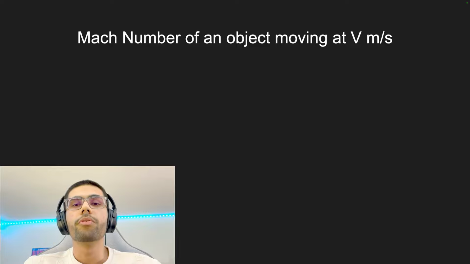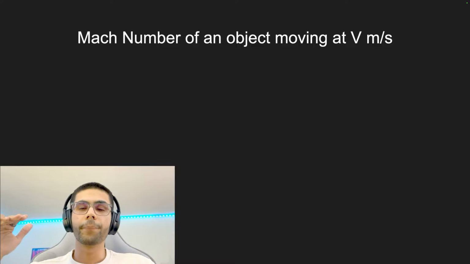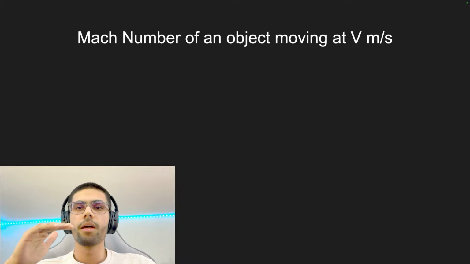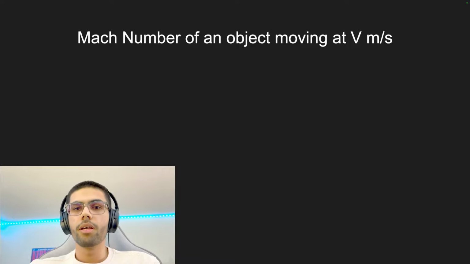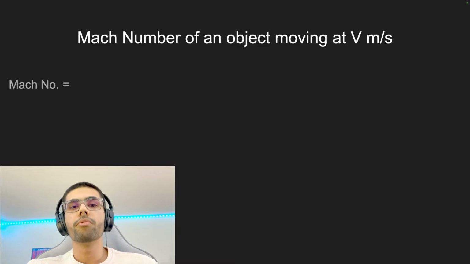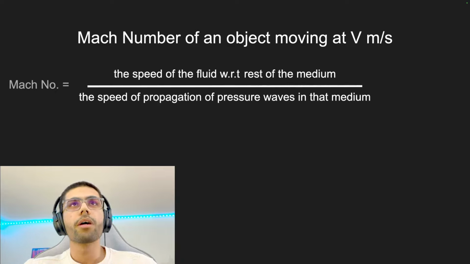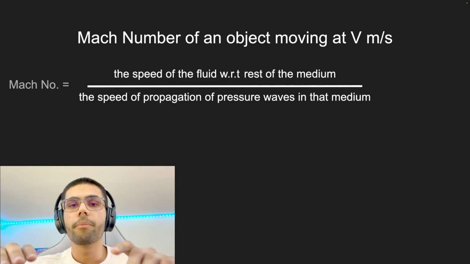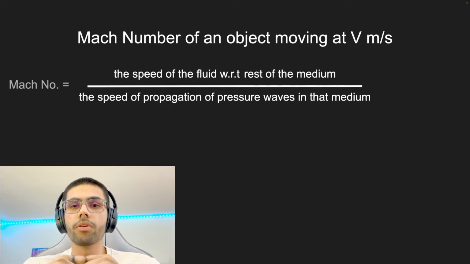Before moving ahead, I want to clear up some of the terms that we're going to require. The first term is the Mach number. Imagine that an object is moving at a velocity v through some fluid medium, and we describe a quantity called the Mach number for that object, and we also describe a Mach number for the fluid itself.